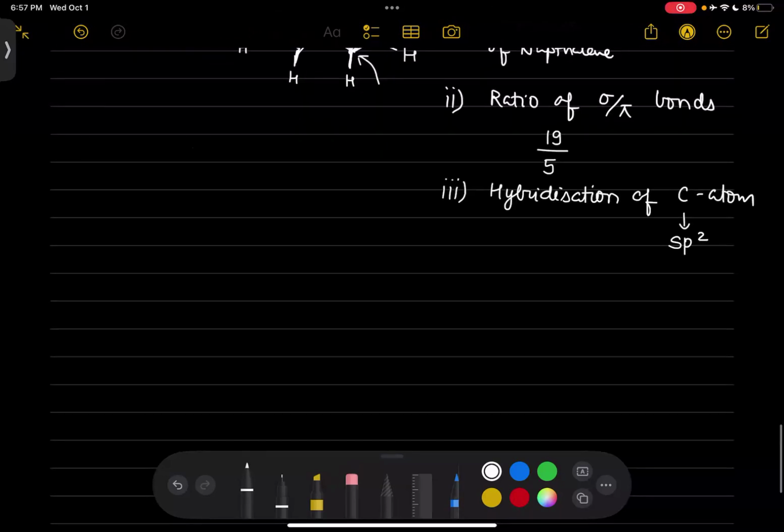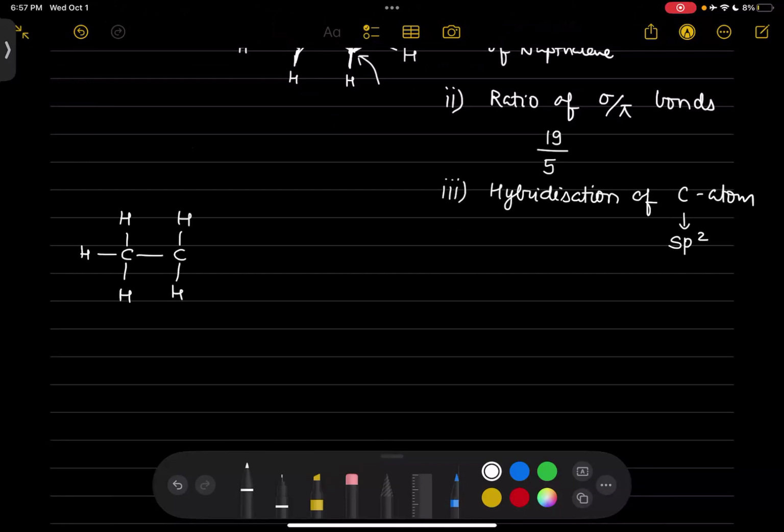Now suppose I write ethane or butane. How do I write butane? This is butane. How many carbon atoms are there? 4 carbon atoms.